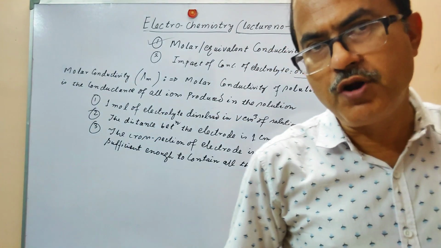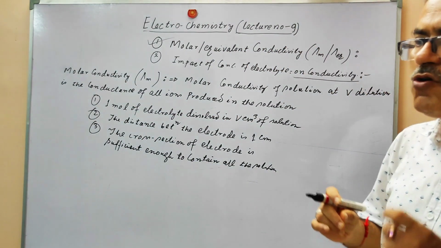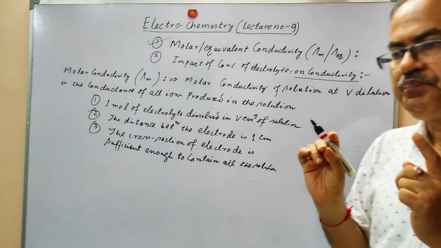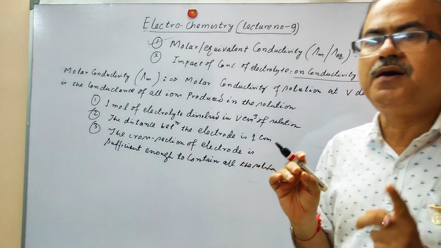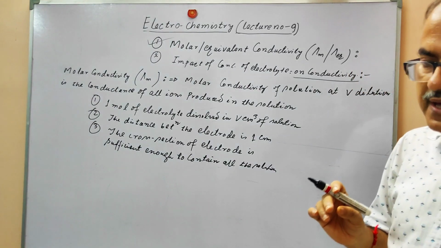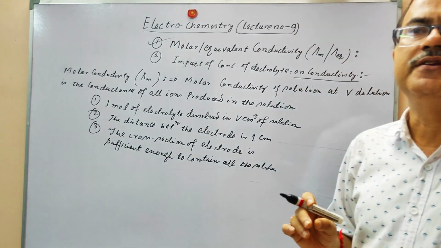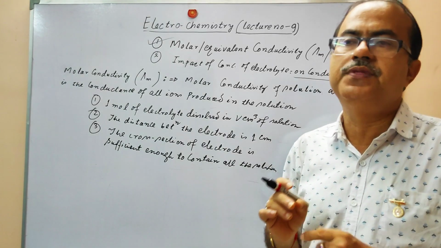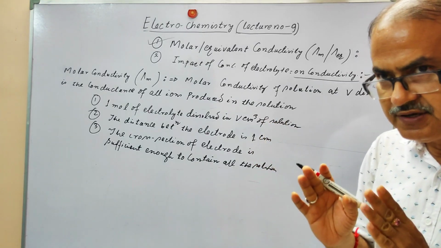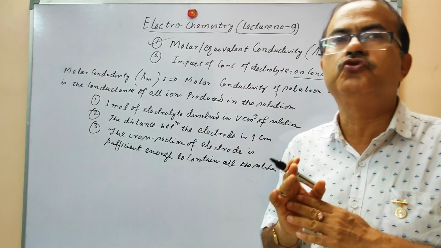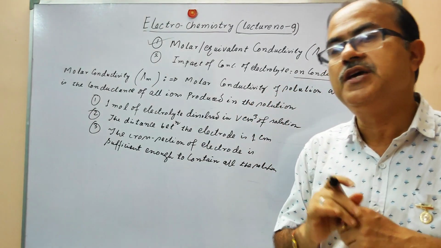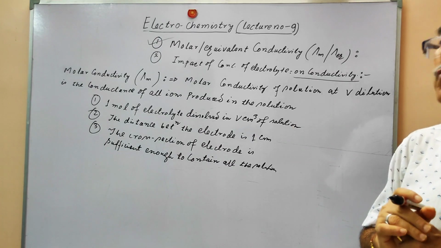So we can understand the molar conductivity is basically the conductance of the solution having the volume V centimeter cube, or we can say V cc, wherein there is present 1 mole of the electrolyte, the distance between the electrodes is 1 centimeter, and the cross section of the electrode is sufficient enough to contain all the solutions.